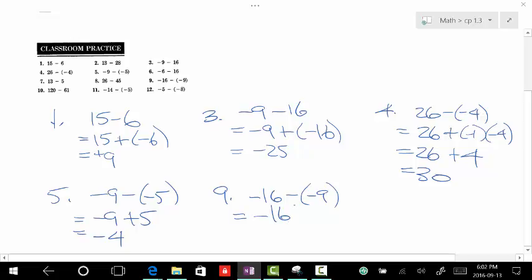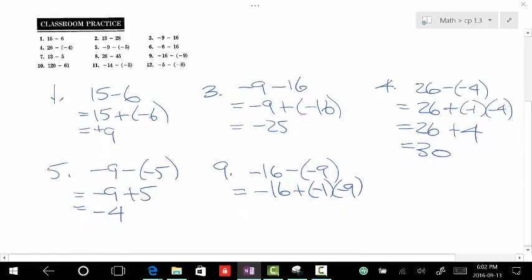And remember what I said, if you have a negative number in front of another negative number, where the negative is outside of the bracket like this, that's implying that this is the same as minus 1 times minus 9. Now, when you have two negatives in a situation like this, that means that you are multiplying minus 1 times minus 9, and the two negatives multiply together to make a positive number. So that becomes minus 16 plus 9. So that works out to be minus 15.